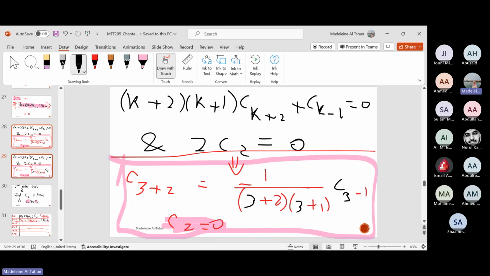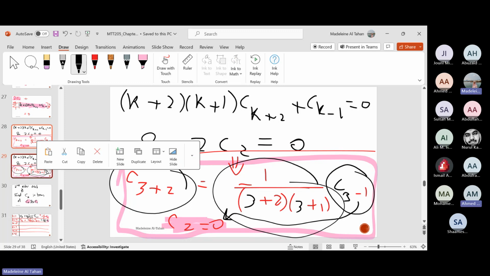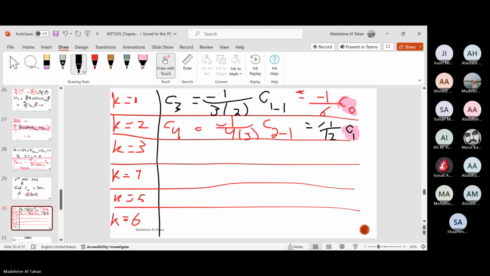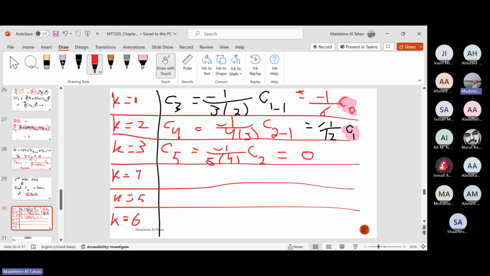So we get c5 equal this one times c2, and what's c2? 0. So c5, we substitute minus 1 over 5 times 4, c2, which is 0. And we will highlight the zeros in this. This is very important.